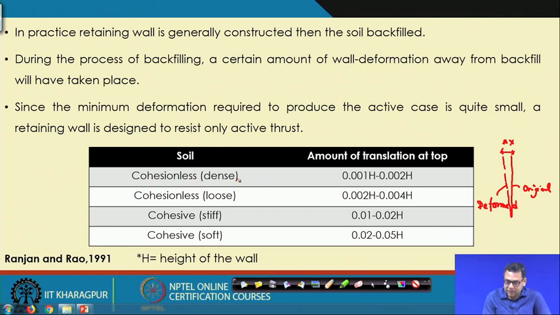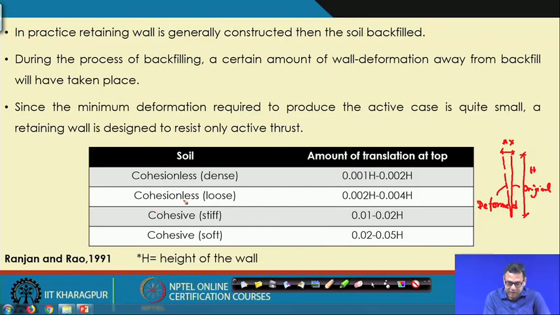For dense cohesionless soil, if h is the height of the wall, delta x is 0.001 h, that means only 0.1% of h. If we have that much deformation, then the active state will occur, so we can allow that much deformation and design under active conditions.